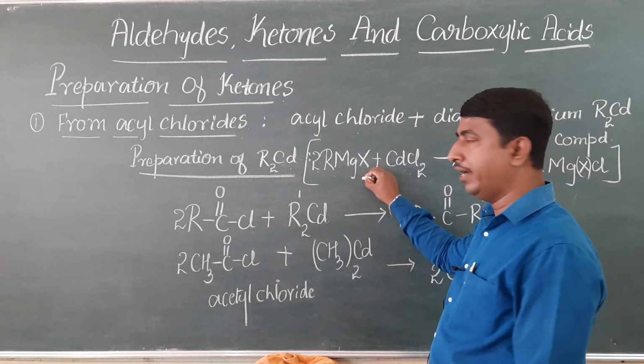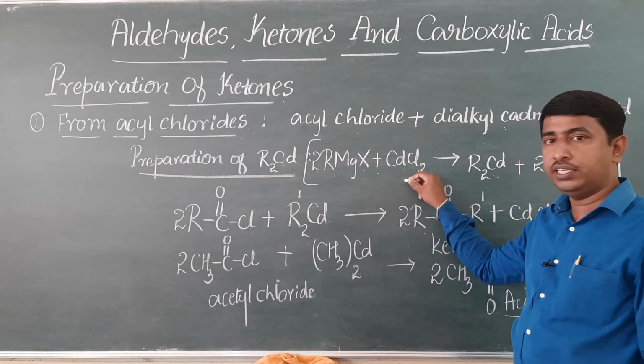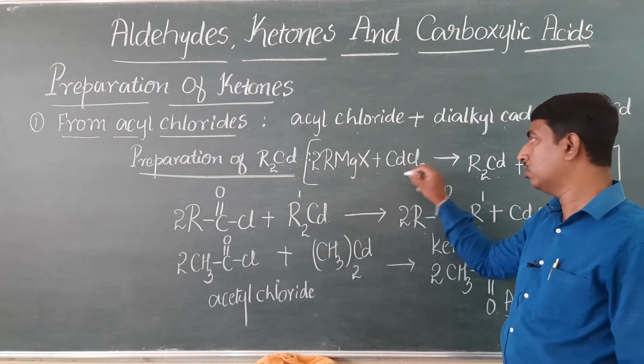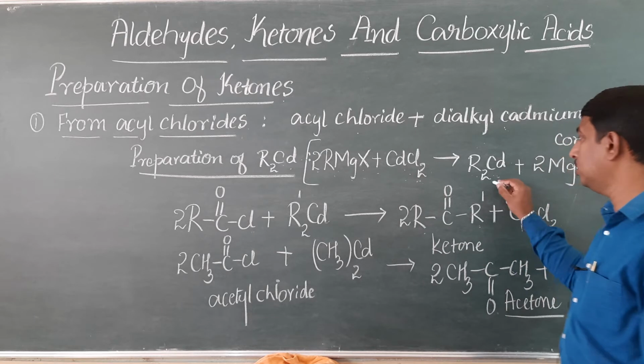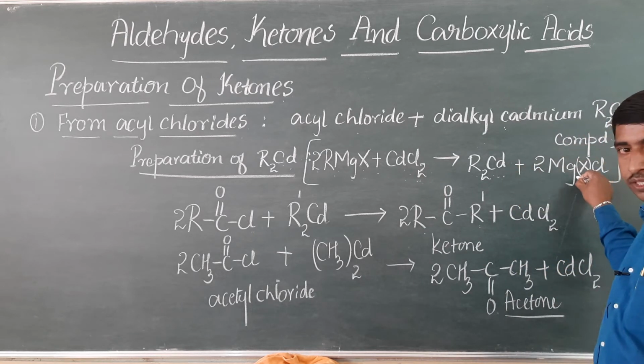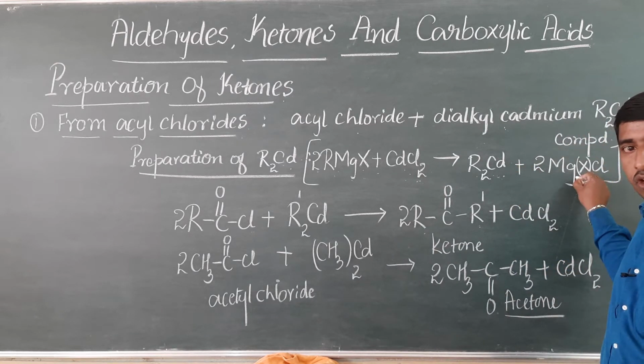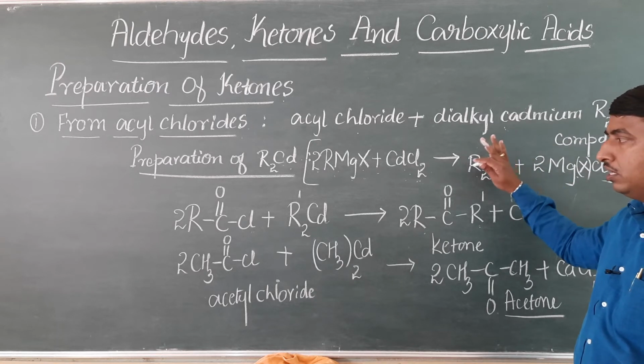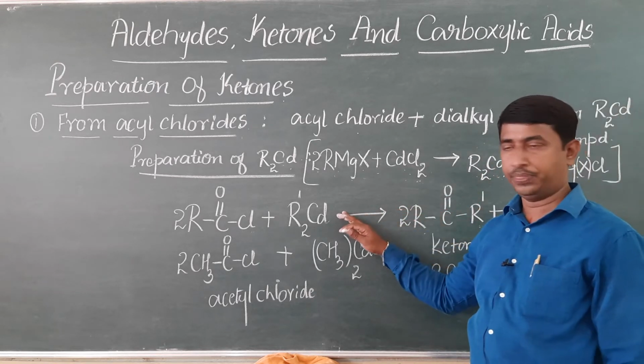It is obtained by treating Grignard reagent with cadmium chloride. This is the preparation of dialkyl cadmium compound. Don't write it in the exam, no need to write this equation in the exam, only this equation.